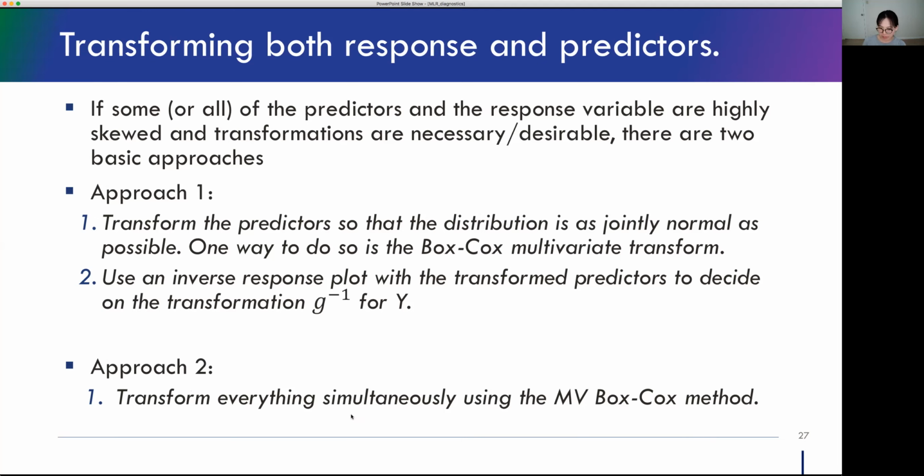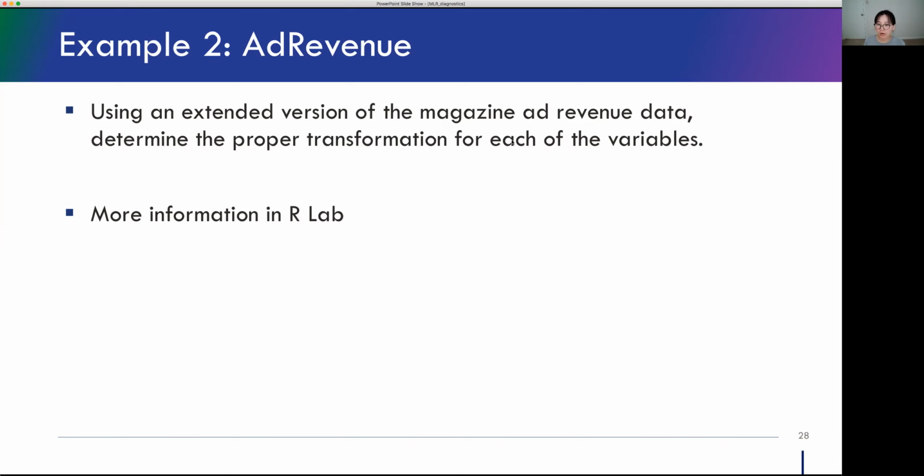We transform everything, y with all your predictors, using a multivariate Box-Cox method. We will illustrate both with an example. It's an extended version of the magazine ad revenue data. They will determine the proper transformations for each of the variables.